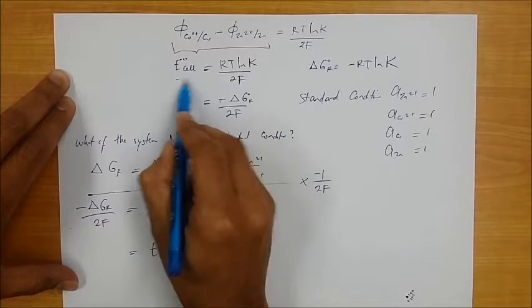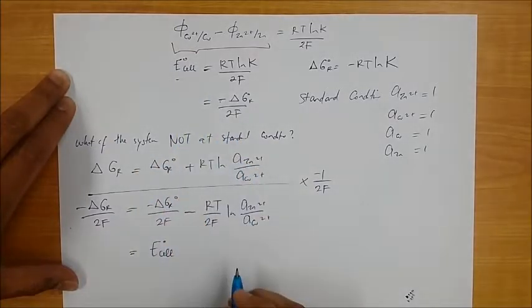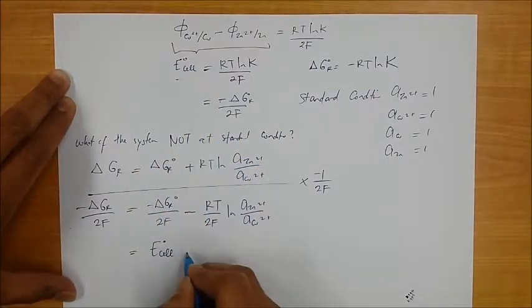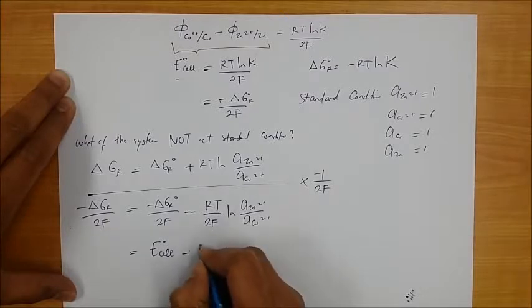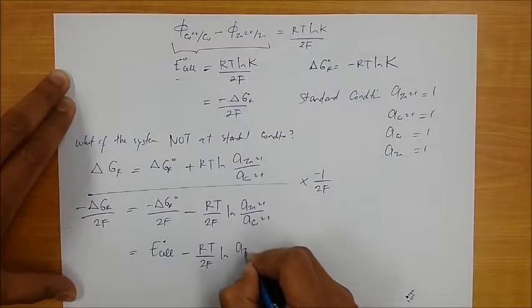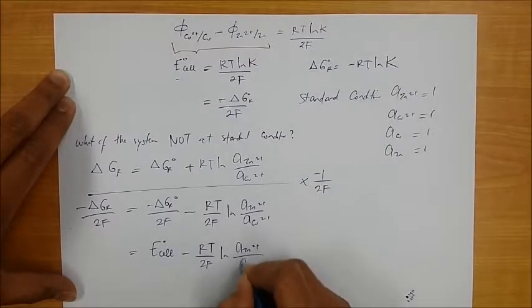It's from here, right? And if you're not at standard condition, then you are moving away from the E naught of the cell by a factor of this term, RT over 2F ln activity of zinc 2 plus over activity of copper 2 plus.